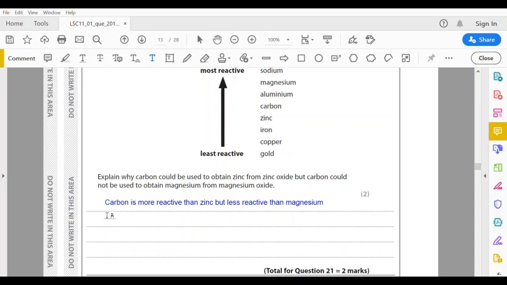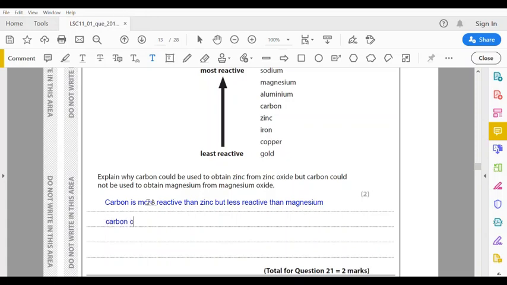Let's see what is the next point that we can write. Carbon can displace zinc, removing the oxygen, or we can say carbon cannot displace. So let's see.